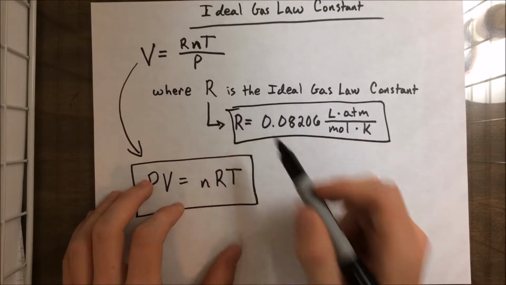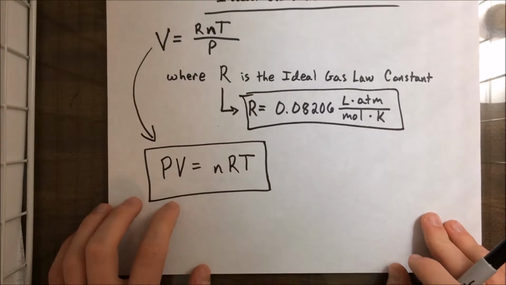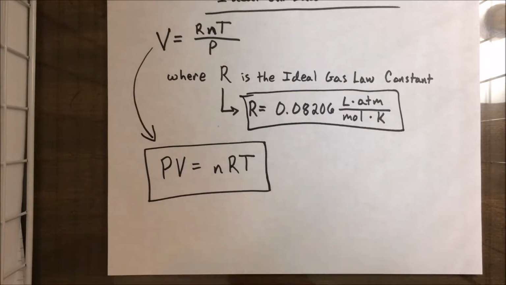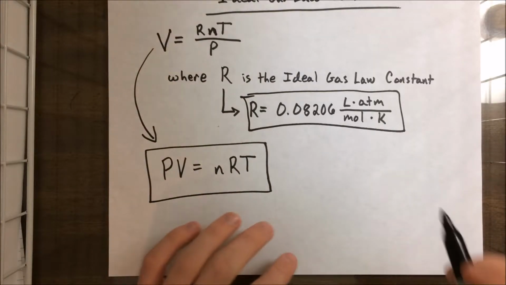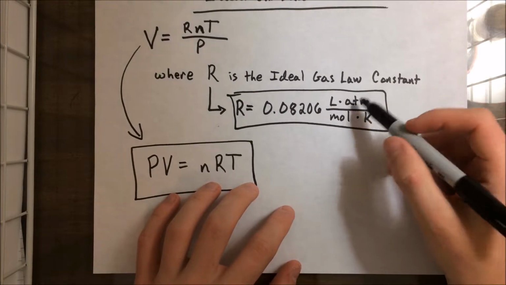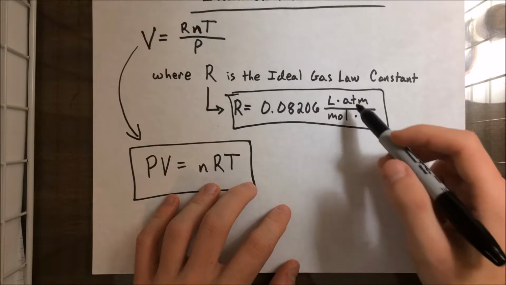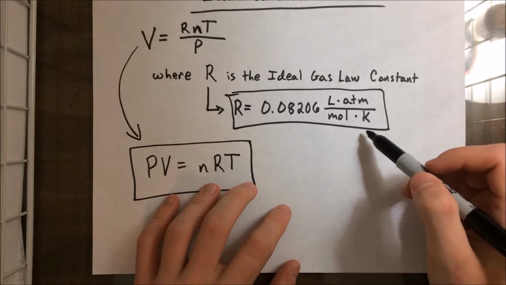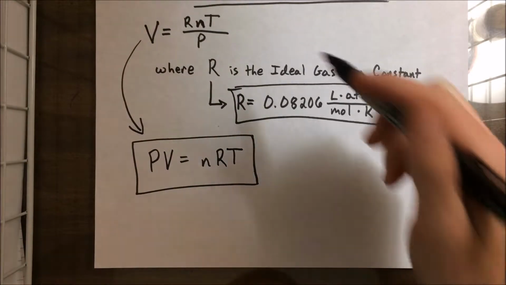We commonly rearrange this equation to be pressure times volume is equal to the amount in moles times the ideal gas law constant, times the temperature. The units of measure right here are what you want to convert into when solving a problem with the ideal gas law.